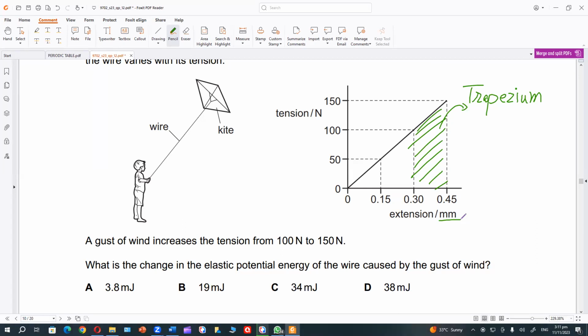Now find the area. It will be 19 millijoule.